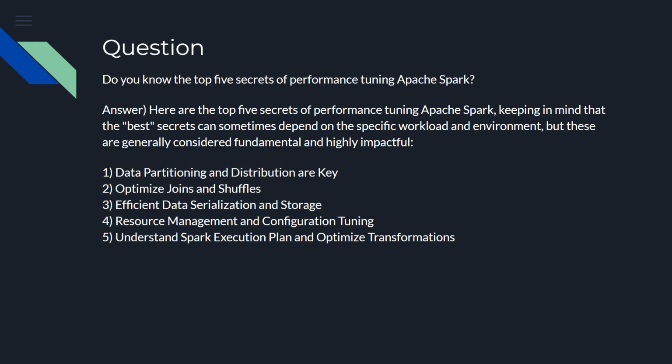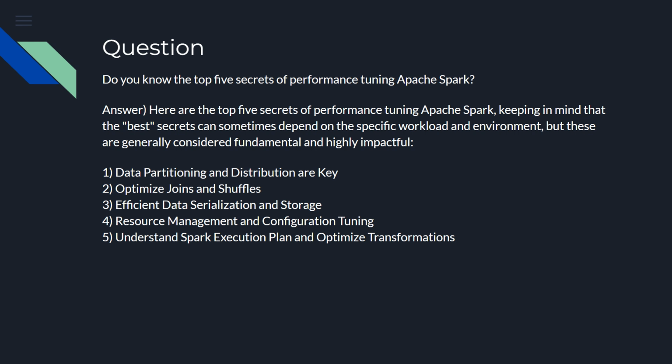Fourth one is resource management and configuration tuning. Properly configuring Spark resources and understanding how Spark allocates them is crucial for performance. Executor memory and cores. Allocate appropriate memory, that is spark.executor.memory, and cores, that is spark.executor.cores, to your executors.